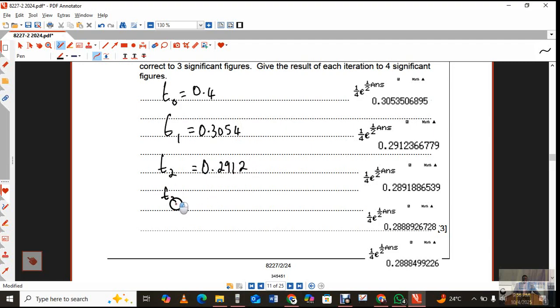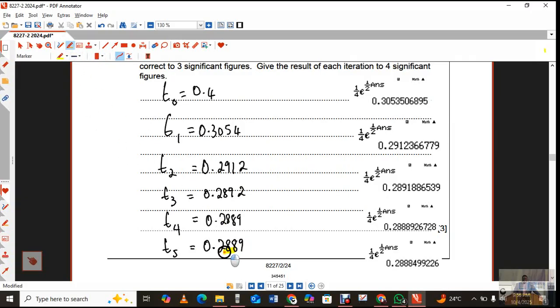Then the third one is 0.2892. You wanted 4 significant figures there. And then the fourth one is 0.2889. Then the last one that I have over there is 0.2889. Right. So what is it going to be to 3 decimal places?